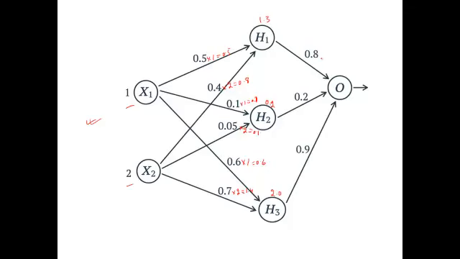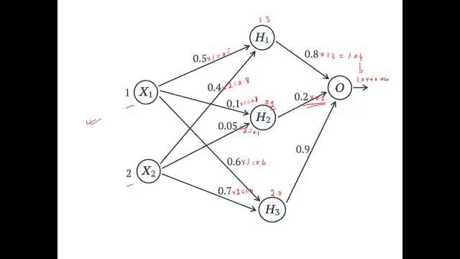Now this 1.3 will be multiplied by this 0.8 to get 1.04. Similarly, this 2 will be multiplied by this 0.2 to get 0.04. So 1.04 plus 0.04 is what we get by this multiplication.